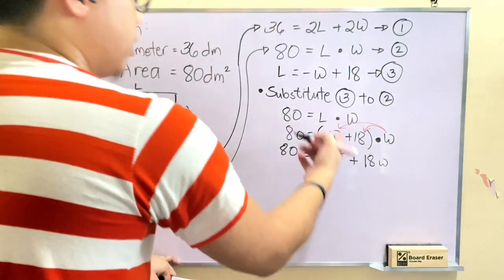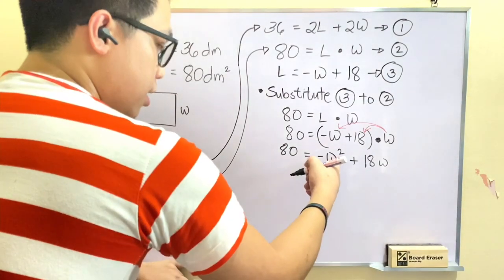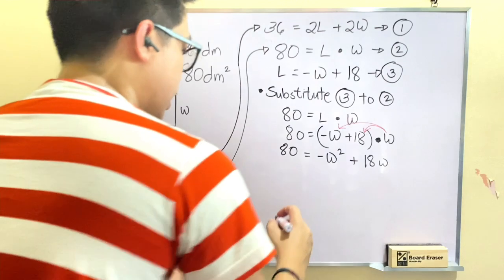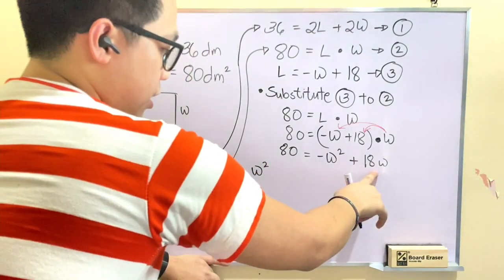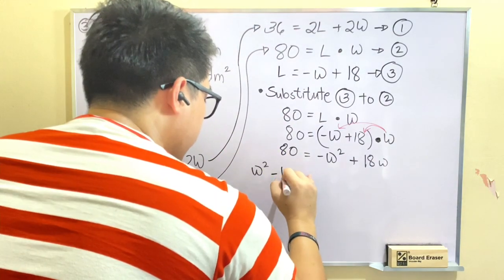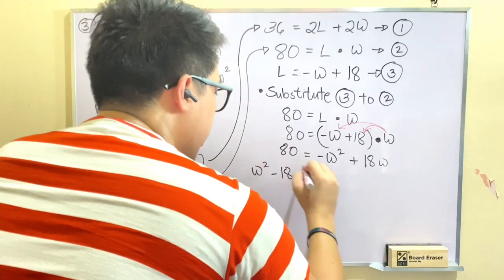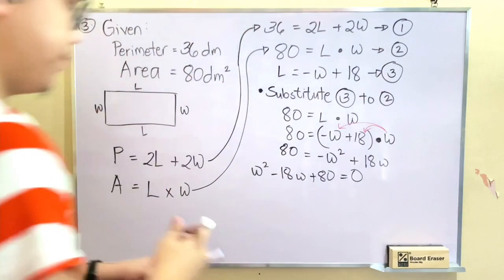Next, lipat natin sa kabila para maging general form ng quadratic equation. Negative W squared, lilipat natin sa kabila, magiging positive W squared. Positive 18W, lipat natin sa kabila, magiging negative 18W, tapos positive 80 is equal to 0.